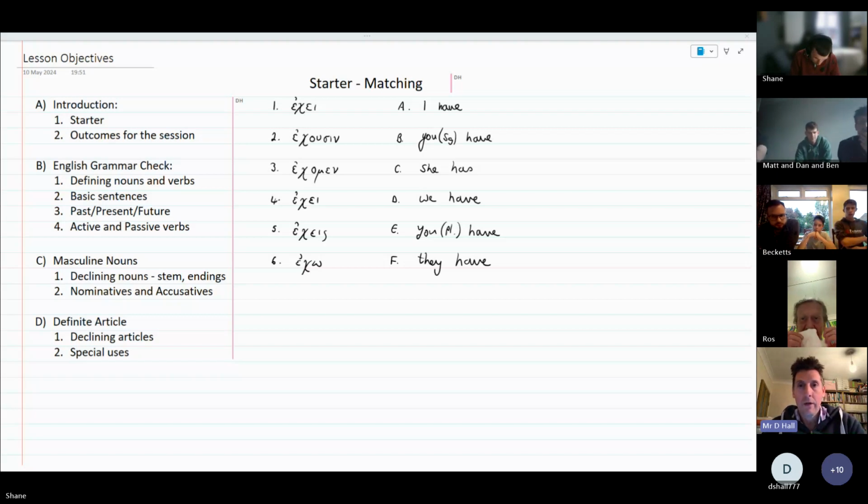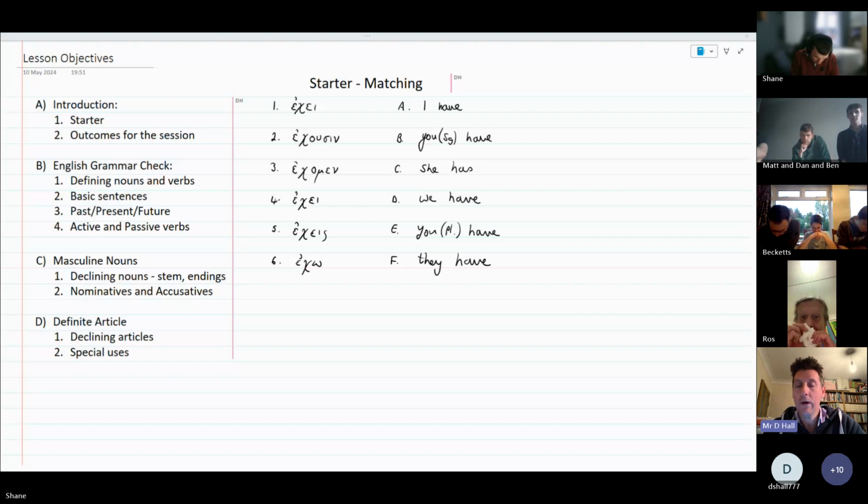And then we really want to start getting into thinking about some basic sentences, and basic sentences are going to be made up of verbs and nouns. So we're going to look at some nouns and how we start to write some of the nouns in Greek, and then we'll need to quite quickly, after we've looked at some nouns, look at this thing called the definite article, the idea of a definite thing that we're talking about.